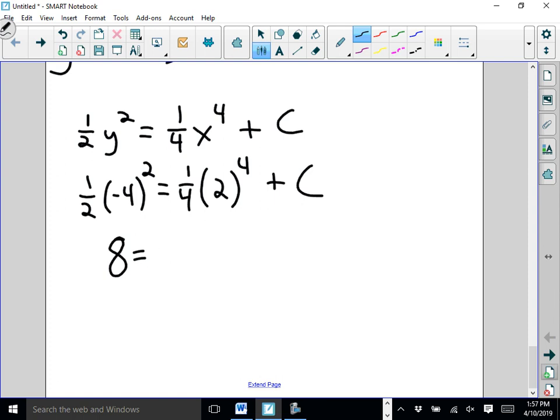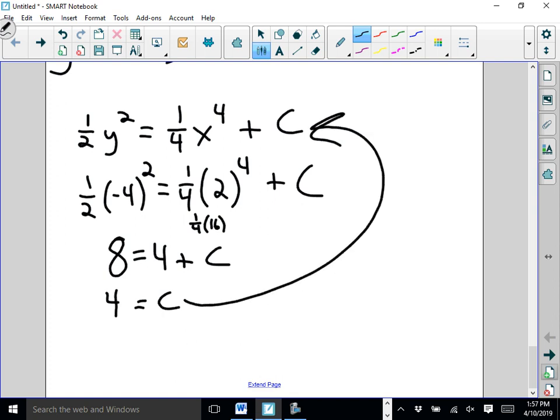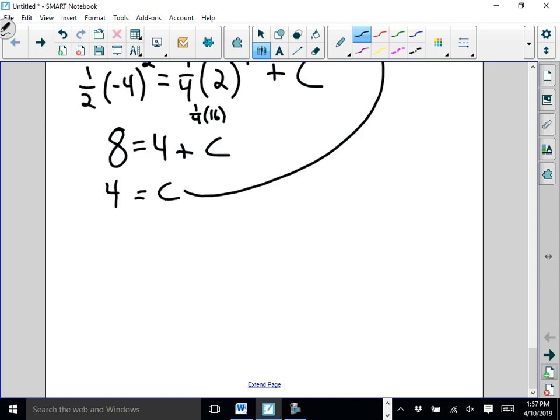So I have 1/4 of 16, which is 4. And so I have 8 equals 4 plus c. C then would equal positive 4. I'm going to plug that in for c up here, and I'm going to get half y squared equals 1/4 x to the 4th plus 4.